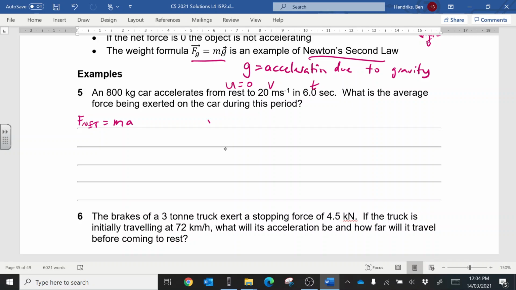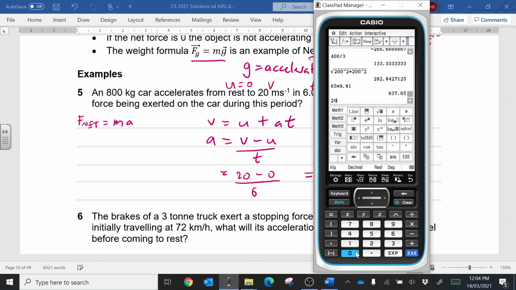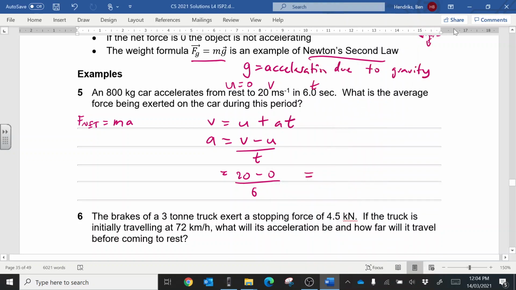Luckily we have v equals u plus at from our equations of motion. Rearranging, a is equal to v minus u over t, so a equals 20 minus 0 over 6, which is 20 divided by 6, 3.3333. I'm going to use 3 significant figures, so that's 3.33 meters per second squared.